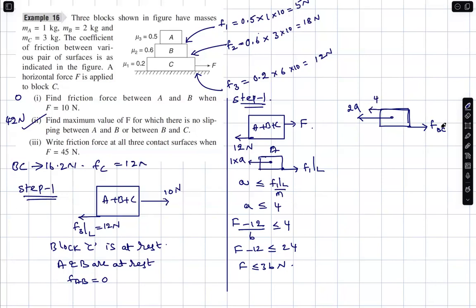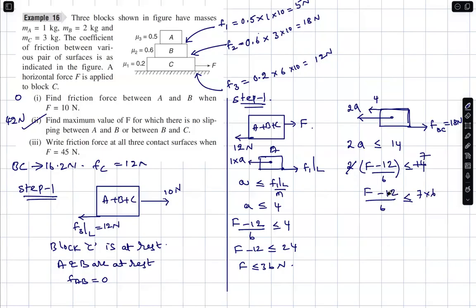So you take this as 4 newtons, or this one as 18 newtons. So the net tendency of motion is 14, to the right-hand side. So 2 times A is less than or equal to 14. A is F minus 12 by 6, less than or equal to 14. 7 times F minus 12 by 6 is less than or equal to 7 into 6.